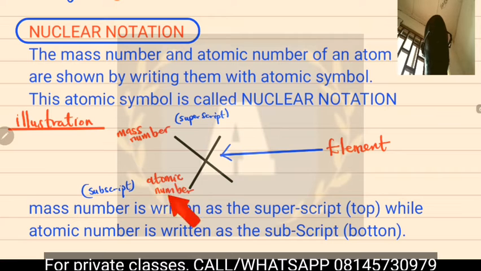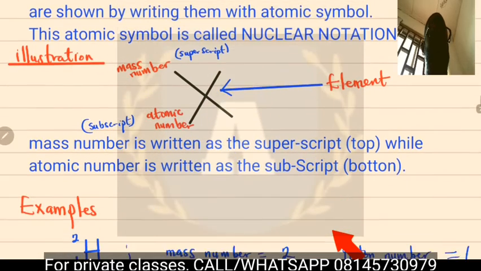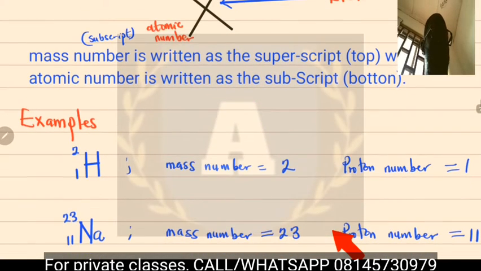So the atomic number, which is also known as the proton number, is written as the subscript, while the mass number is written as the superscript. Superscript means top, while subscript means bottom.